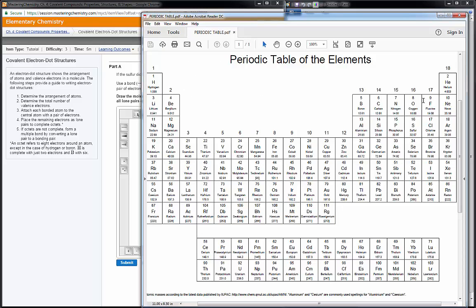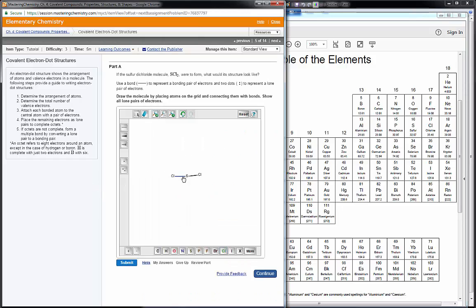So sulfur's in group 6, it has 6 valence electrons available. And chlorine is in group 7, so it has 7 valence electrons available. So with 2 chlorines, that would be 14, plus 6 is 20 valence electrons available. And we have used 1, 2 for this bond, and another 2 for this bond. So we've used up 4 electrons out of our 20, we have 16 left.